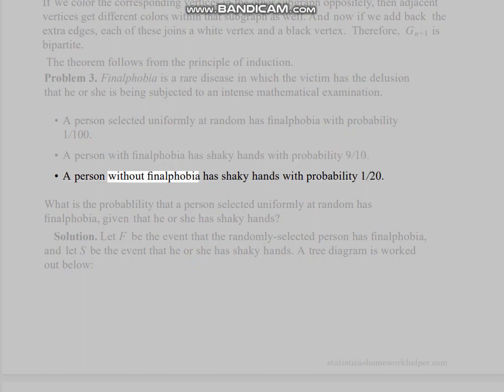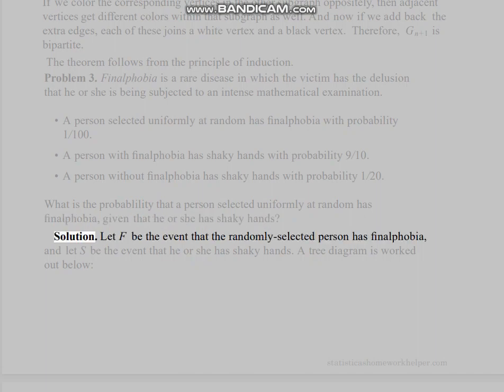A person without phinophobia has shaky hands with probability 1/20. What is the probability that a person selected uniformly at random has phinophobia, given that he or she has shaky hands? Solution. Let F be the event that the randomly selected person has phinophobia, and let S be the event that he or she has shaky hands.